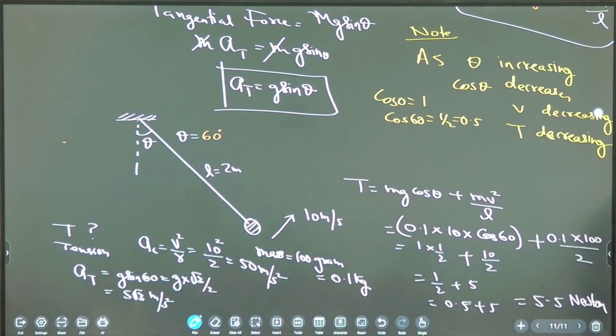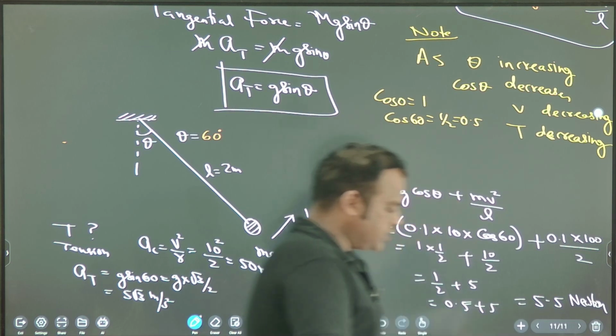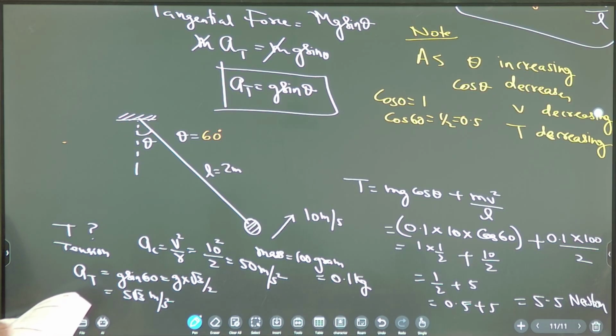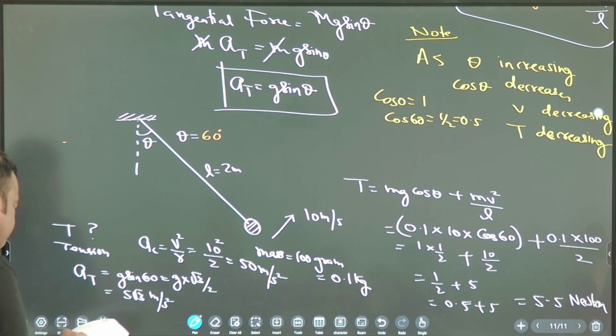So the simple pendulum is over. Now just note down the page number and question number for homework. Page 283, question 121.